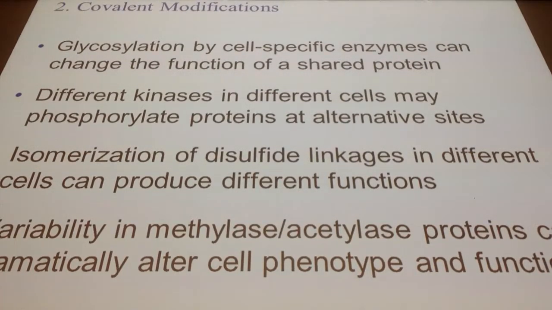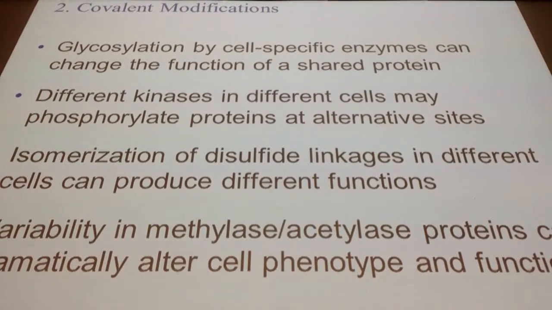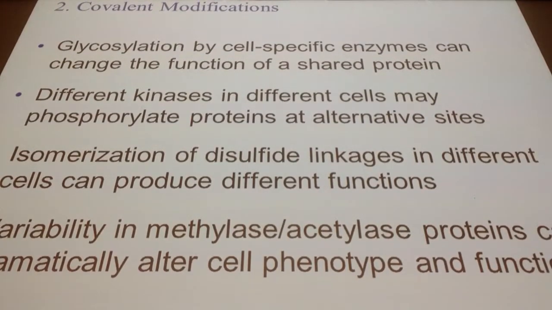So a protein might be made, and a protein can be modified, and the modification can either activate or inactivate a protein. And a protein can be activated and inactivated multiple times back and forth through covalent modification. There are a lot of different types of covalent modification. We'll talk about a few.